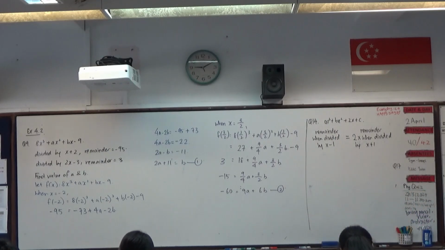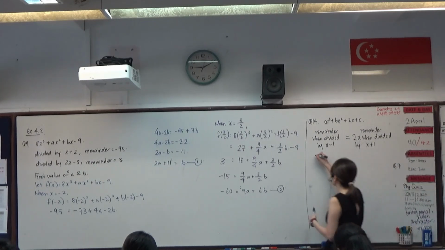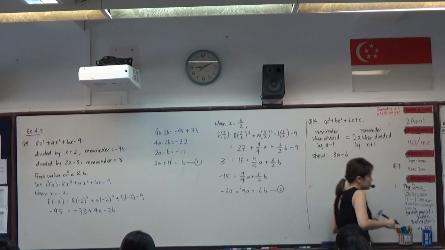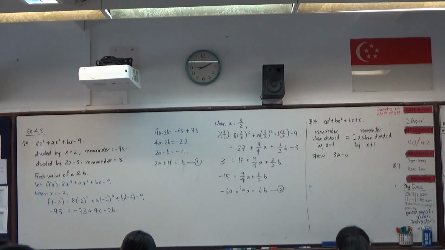From that simple statement in the question, we want to show that c is equals to 3a minus b plus 6. So, objective is to show 3a minus b plus 6 equals to c.